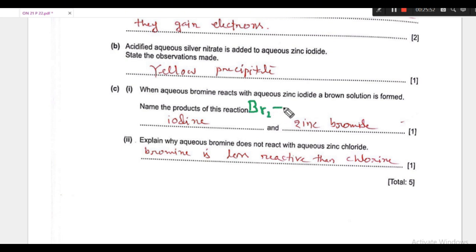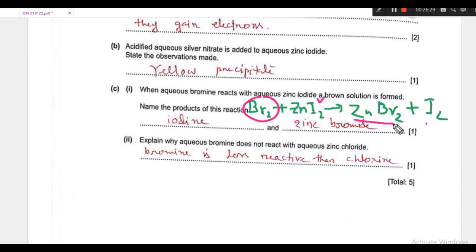Bromine reacts with zinc iodide to give zinc bromide plus iodine, because bromine is more reactive than iodine, so bromine displaces iodine.